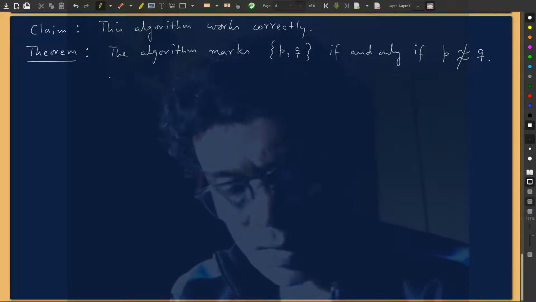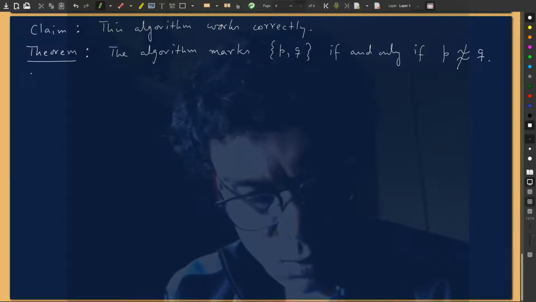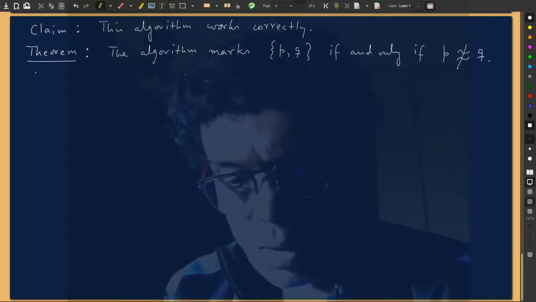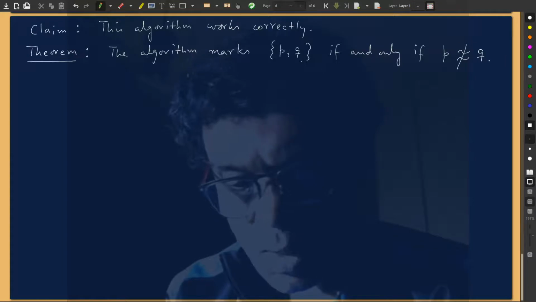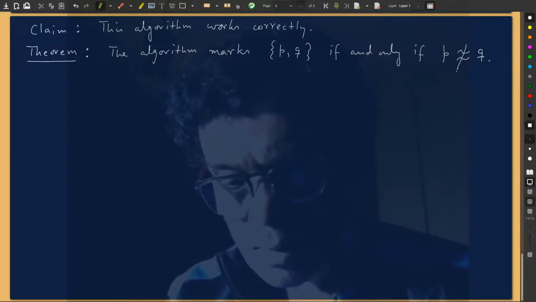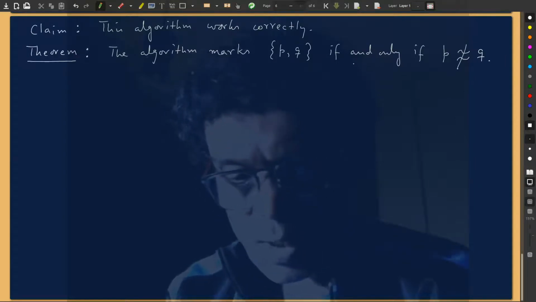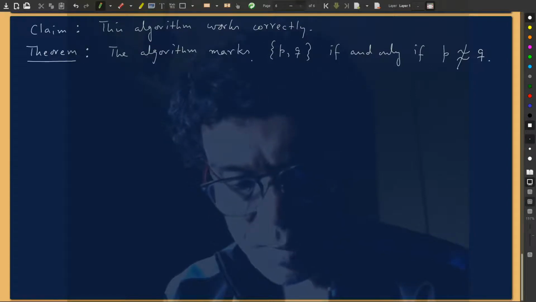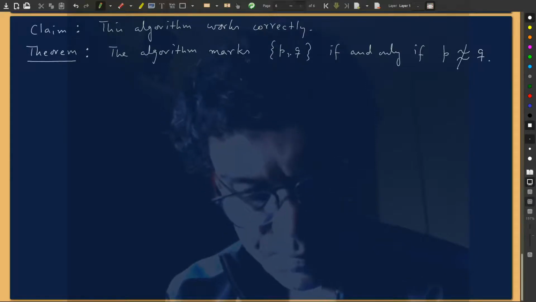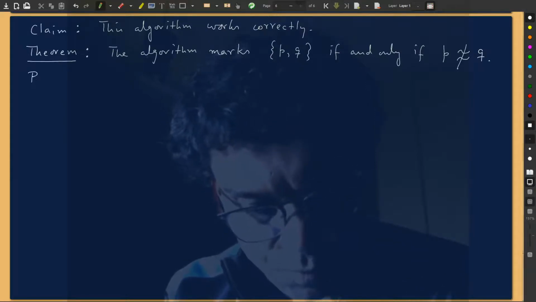Okay, so eventually if some pair is not marked, I call them equivalent. So if P and Q are not equivalent, the idea is that at some stage of the algorithm this is marked. Okay, so let us prove this formally.